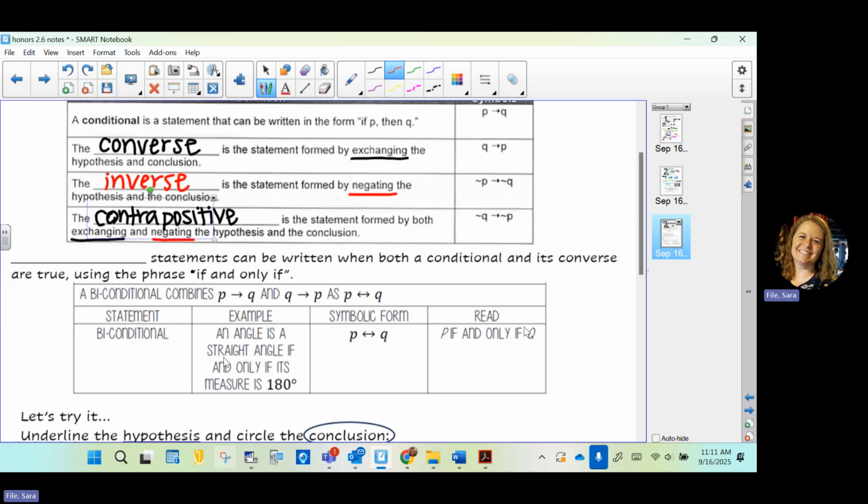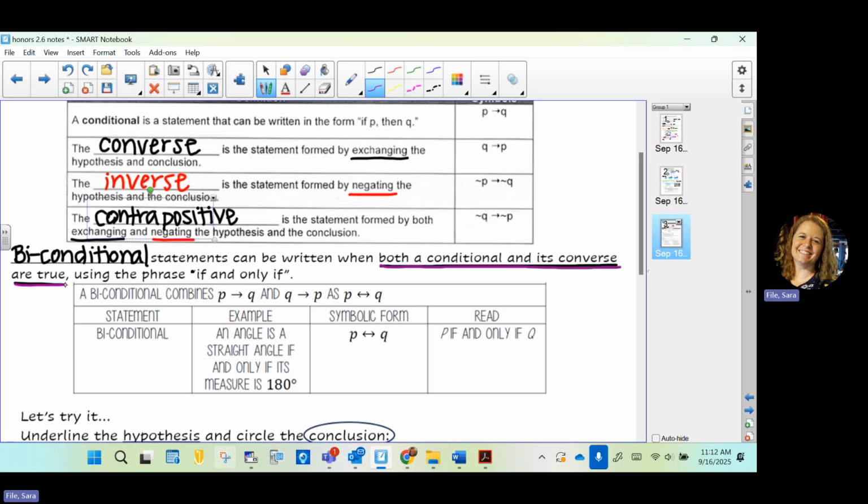Now the final type of conditional is called a biconditional. What does bi mean? Two. So you can write a biconditional statement only if both the conditional and its converse are true. It needs to work in two directions.